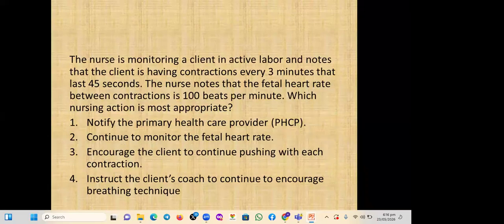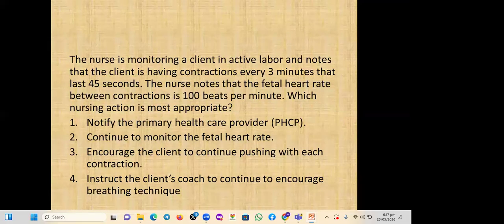Now let's look at this question. The nurse is monitoring a client in active labor and notes that the client is having contractions every 3 minutes that last 45 seconds. The nurse notes that the fetal heart rate between contractions is 100 beats per minute.